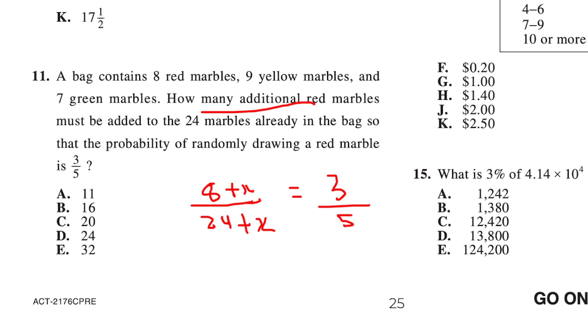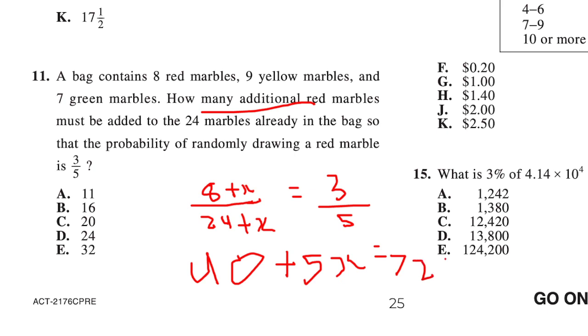So, let's see, 8 times 5 is 40, plus 5x equals 24 times 3, I believe that's 72?